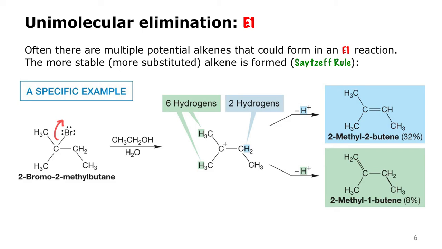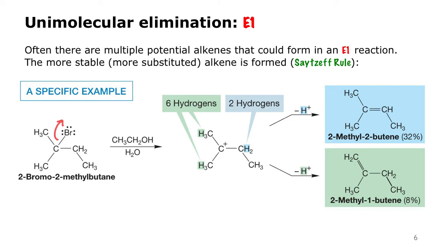So back in the end of the 19th century, a Russian chemist by the name of Zaitsev, and you'll see this name spelled phonetically various ways, but it's pronounced Zaitsev. He was actually a colleague of Markovnikov, and you remember Markovnikov from earlier.